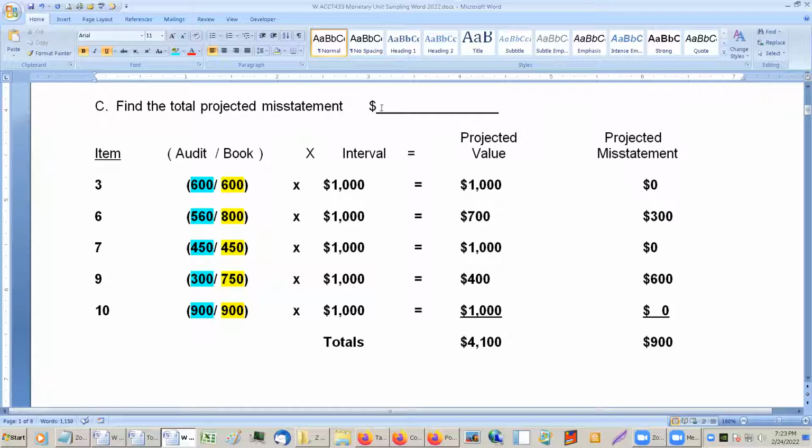So the total projected misstatement would be 4,100. No, misstatement, I'm sorry.